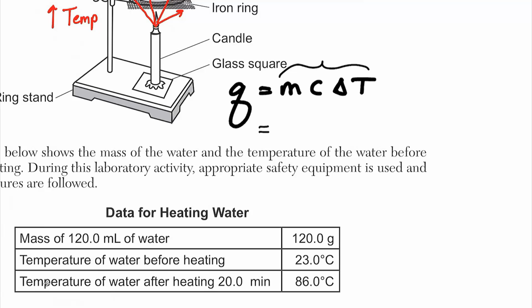So the mass of the water is 120. The specific heat is 4.18. We got that from Table B. Now we need a change in temperature. Well, it was initially at 23, and as we added the candle, the heat traveled to the beaker, and the temperature went up.